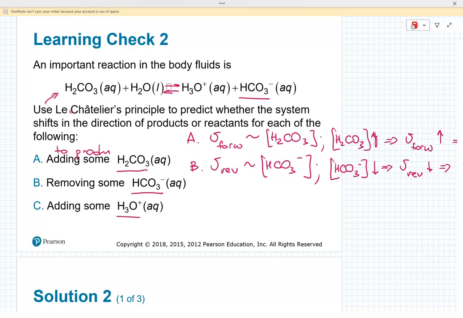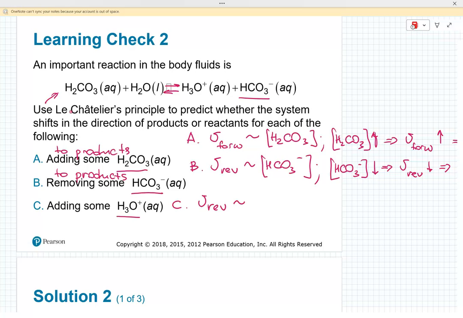It's going to move towards the reactants. I'll explain in a second. Just check this out. H3O plus is a product. Agreed? So the rate of the reverse reaction will be proportional to H3O plus concentration as well.